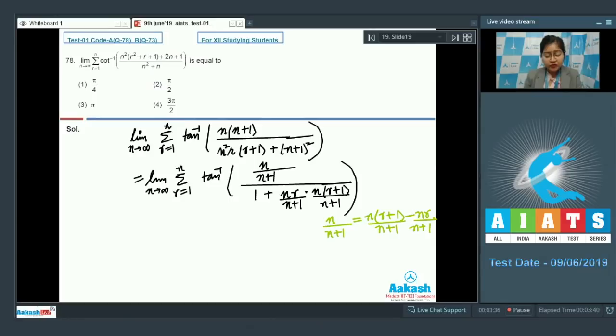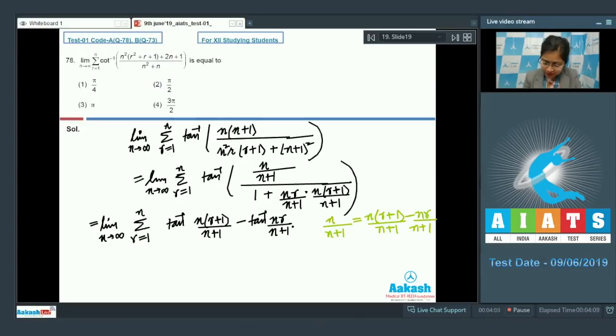Right? So we have got the formula tan inverse (a minus b) upon (1 plus ab). So this can be written equal to tan inverse a minus tan inverse b. So this will be equal to limit n tending to infinity summation r equal to 1 to n of tan inverse n multiplied with (r plus 1) upon n plus 1 minus tan inverse nr divided by n plus 1.